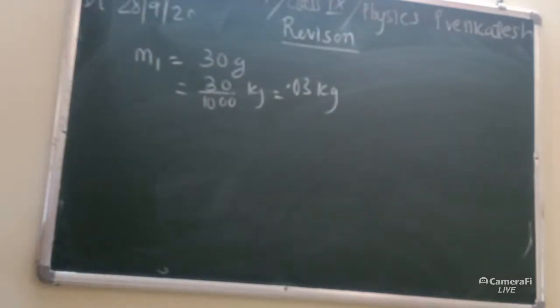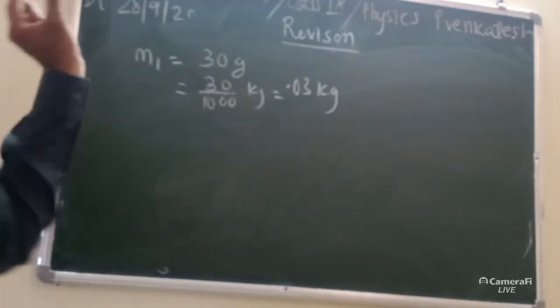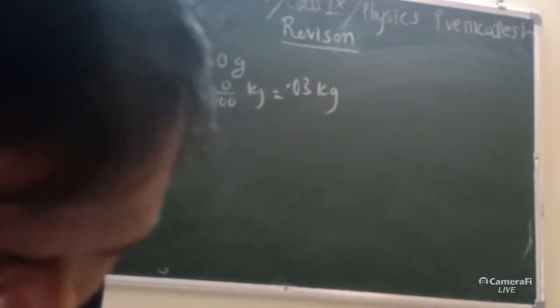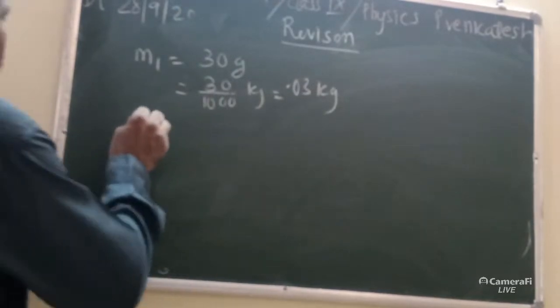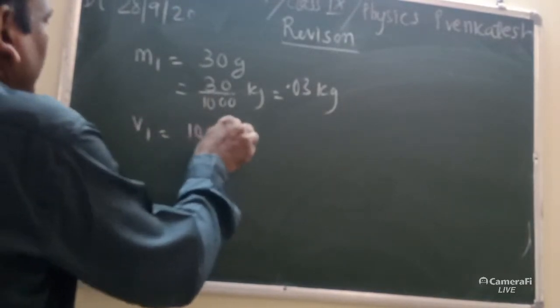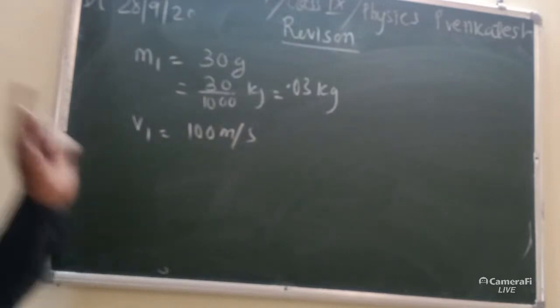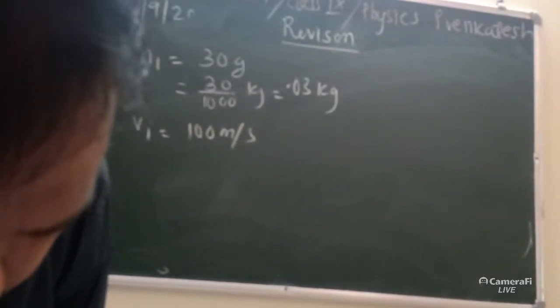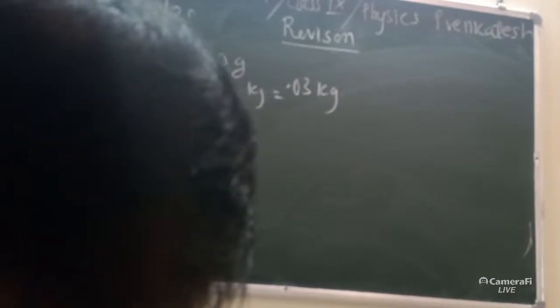Okay, this is mass 1, m1 of the bullet, which is fired with a velocity v1 equal to 100 meters per second.